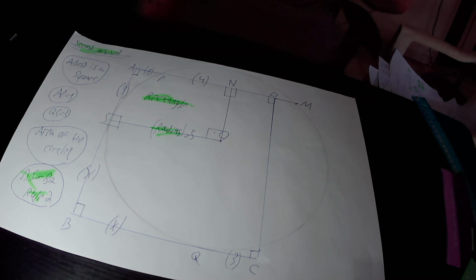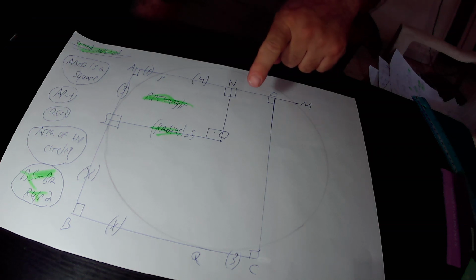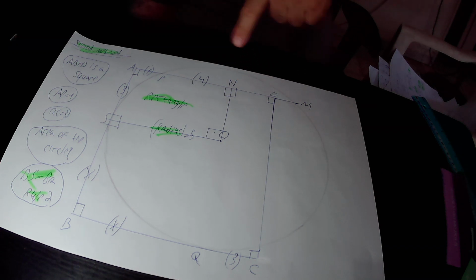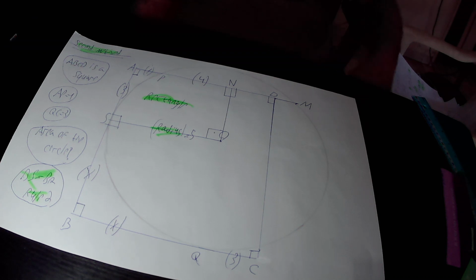So here, because from the center of the circle, that is point O, we draw perpendicular ON on chord PM, all the requirements of Rule 11 are satisfied, and therefore we can implement Rule 11.